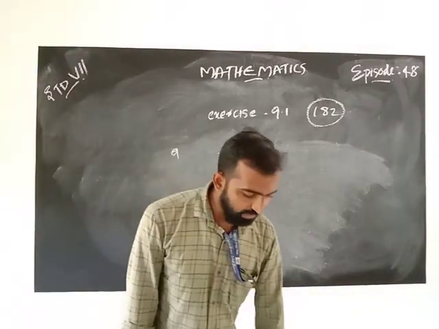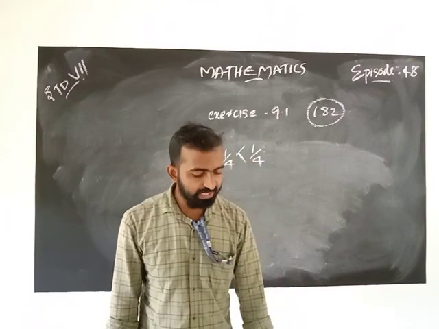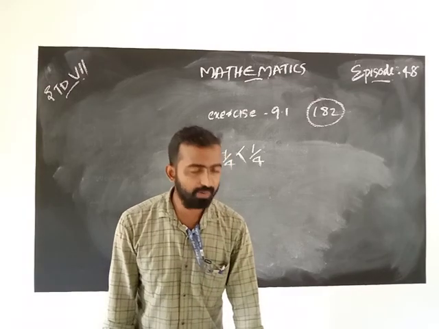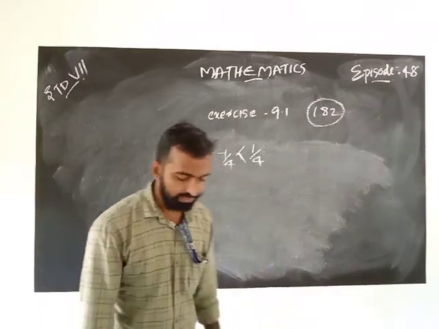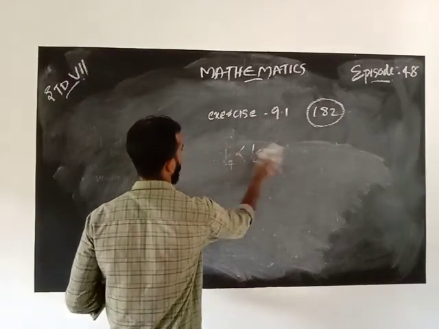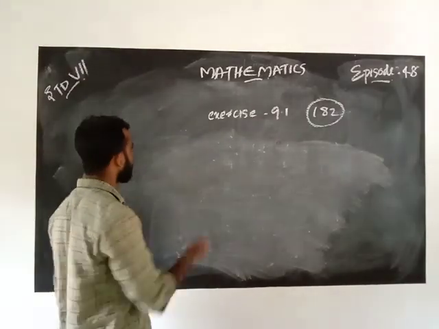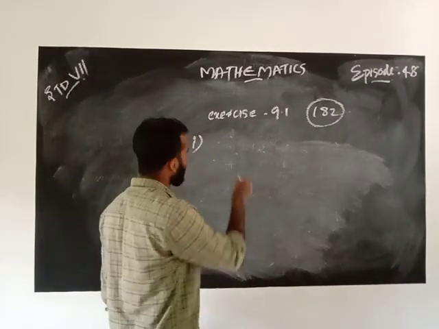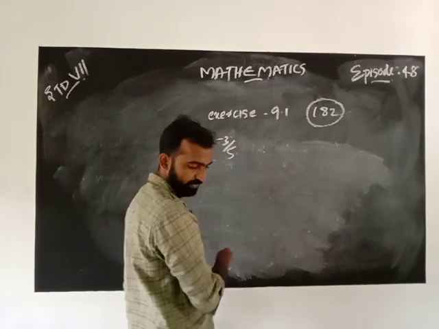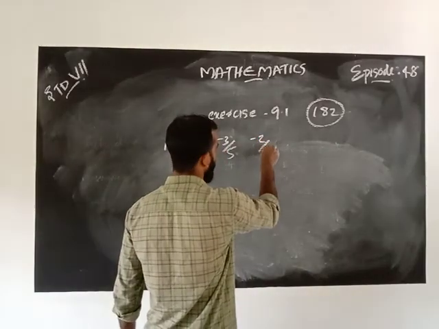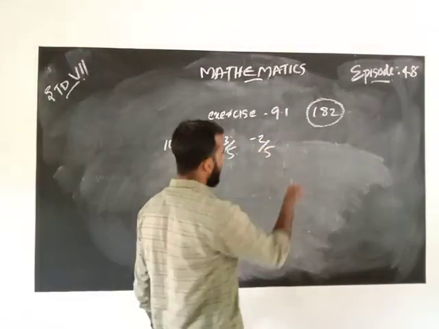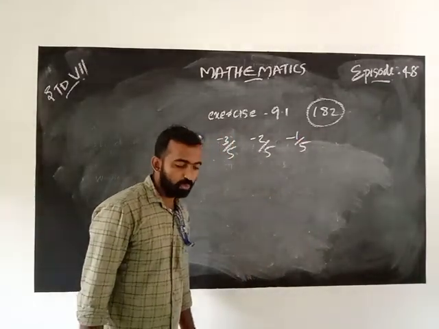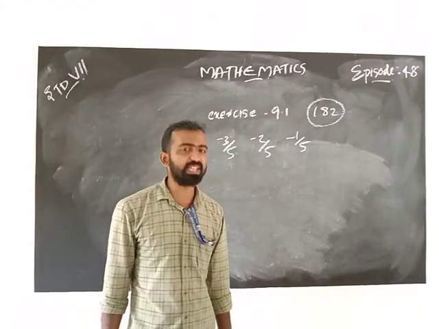And 10th question is, write the following rational numbers in ascending order. First one is negative 3 by 5, negative 2 by 5, negative 1 by 5. We want to write it in ascending order.